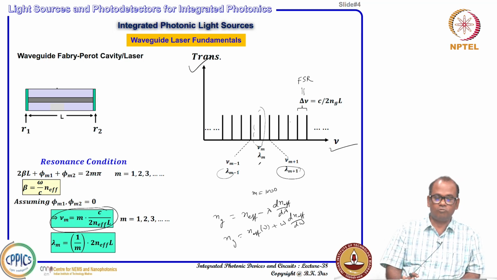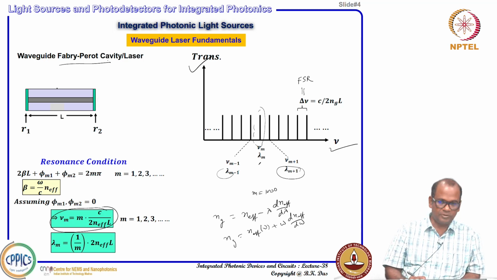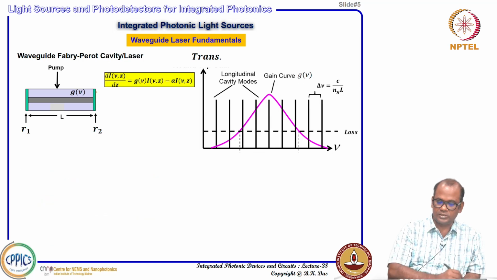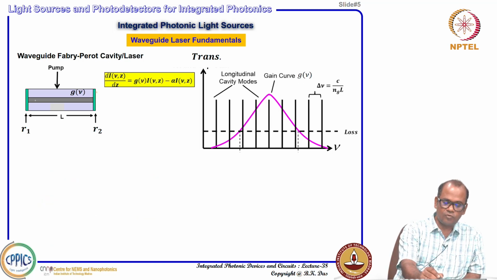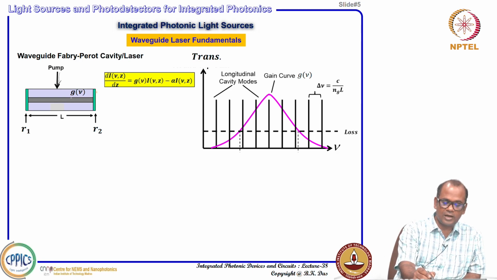So, this is all what we have discussed about the Fabry-Perot cavity, and that has been discussed earlier in this course, but here we have just repeated the same discussion to understand how a Fabry-Perot laser works. Okay. Now, let us see. Suppose in this waveguide you have some energy supply, a certain kind of pump, such that the waveguide becomes active.